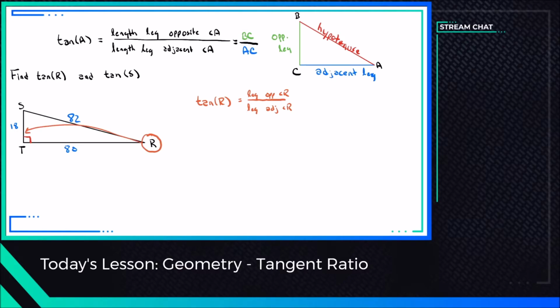So that's going to be ST, or 18. And if we look at angle R again, we need to go to the leg that is adjacent. So that's going to be this leg of 80 right there. So this is going to be 18 over 80.